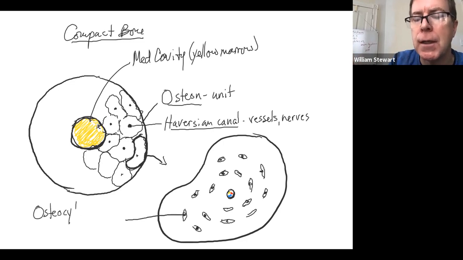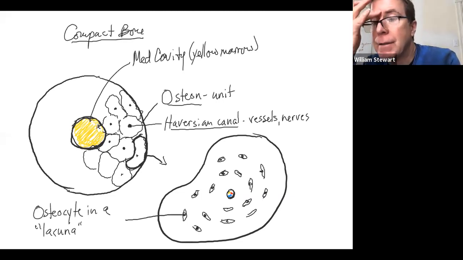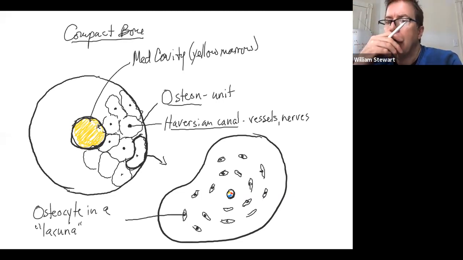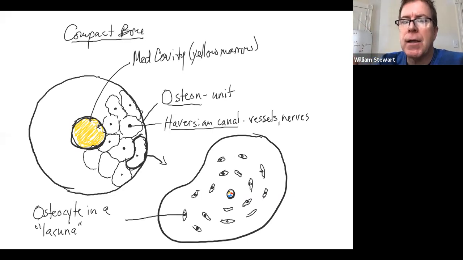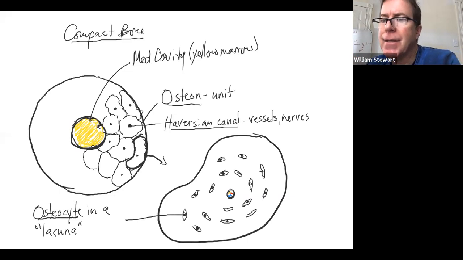We know what an osteocyte is. It's a mature bone cell. A lacuna is the little pocket or cavity that it lives in. It's a little space. At one time, that osteocyte was an osteoblast, and it secreted that hard matrix that it's now encased in.